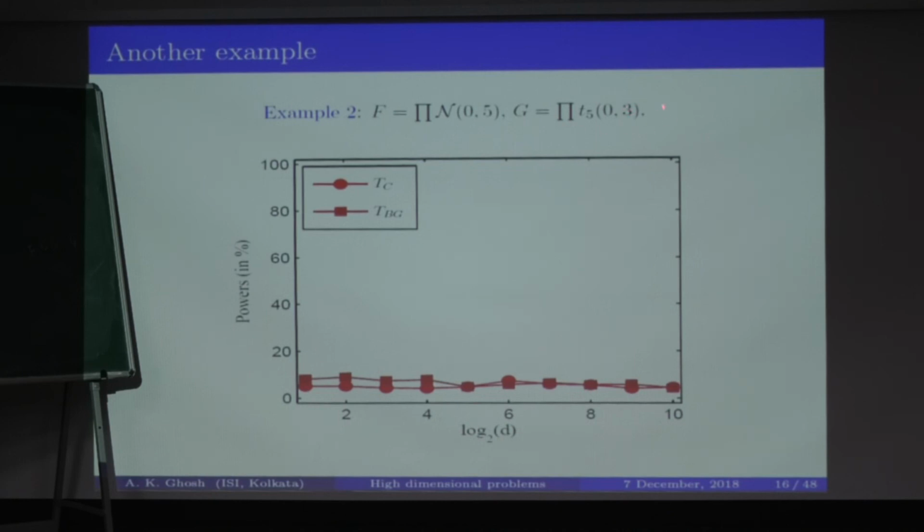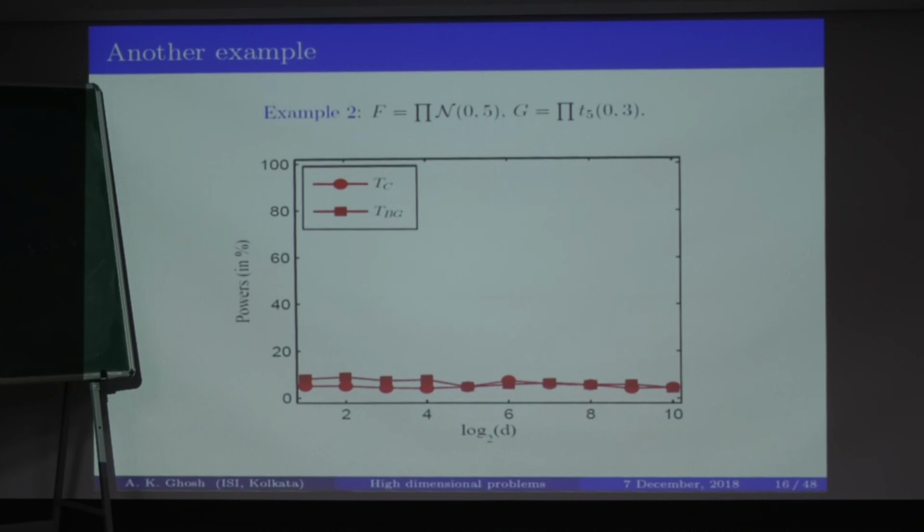The scale parameter is chosen in such a way that the variance of this distribution matches with this one. So basically in these 2 populations there is no difference in location, no difference in scale. And unfortunately both the Cramer test and its modified version are not performing well.